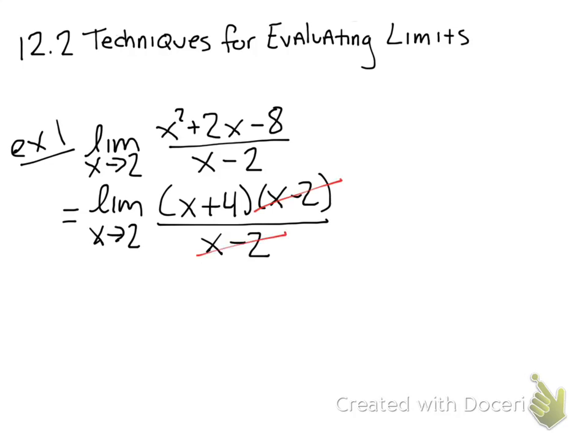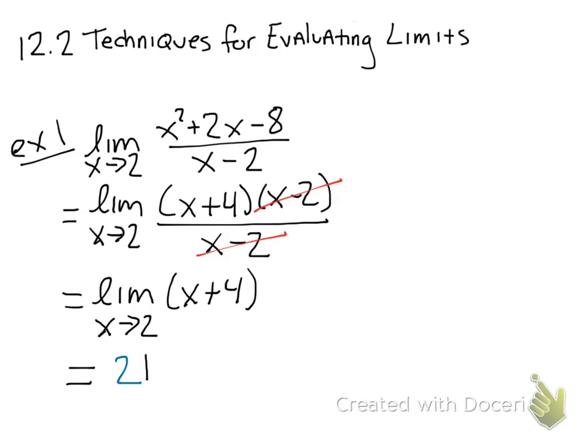Now this becomes the limit as x approaches 2 of x plus 4. Now x plus 4 is one of the functions that we know direct substitution will work. So we could substitute the 2 in for x plus 4 and see that our limit equals 6.